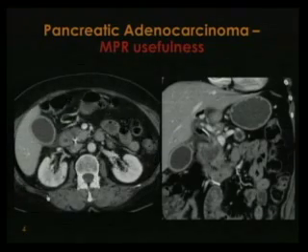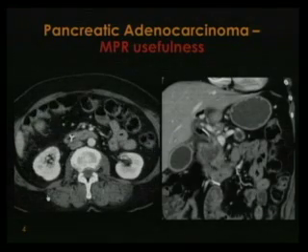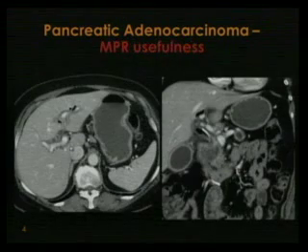When we do the examination, obviously, we can go to the workstation and make different multiplanar reconstructions. These are an excellent tool for diagnosis and for characterization of the tumor, especially if you are evaluating the possibility of invasion of adjacent solid organs or vascular structures.